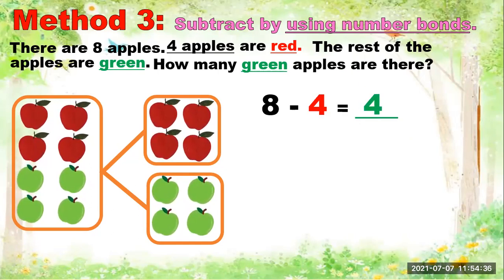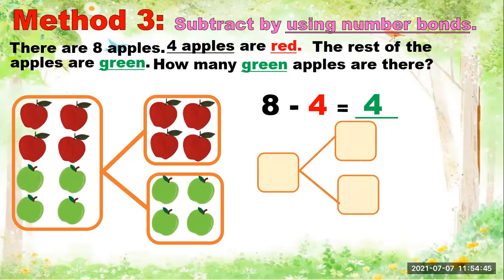If we use number bands, we put a square here and then make a line, and here another line, and then we put another box. This is called number bands. So we write here, there are 8 apples, 4 apples are red, and then we write here, there are 4 green apples.